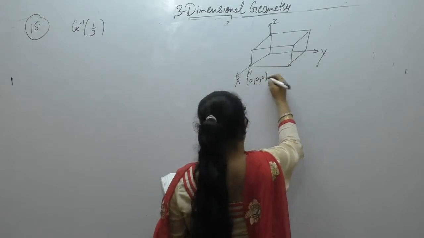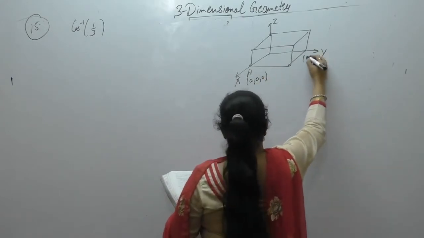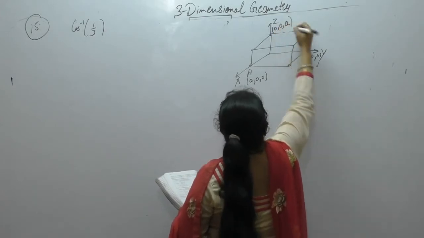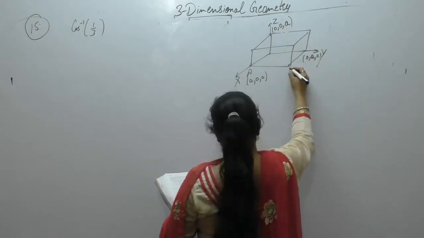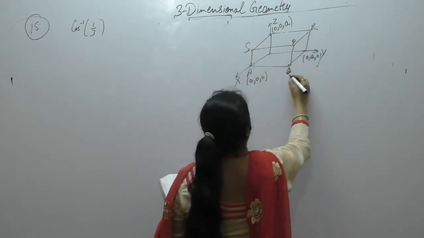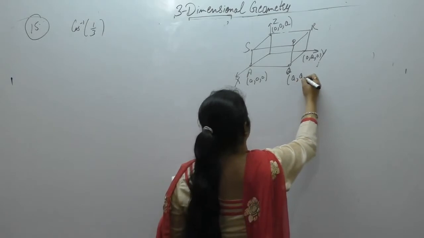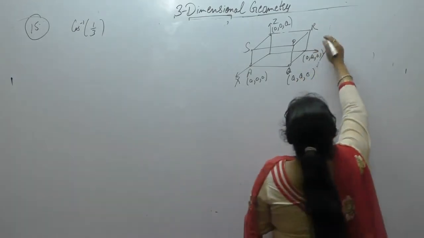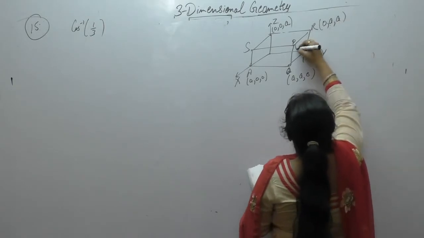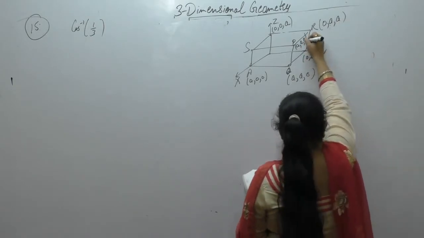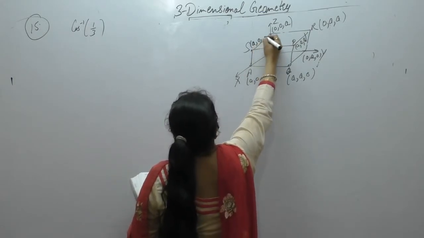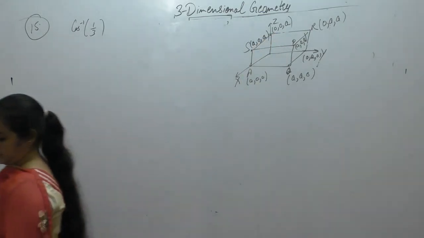The points are (a, 0, 0) on the x-axis, (0, a, 0) on the y-axis, (0, 0, a), and these points are P, Q, R, S. This is along x and y, therefore the coordinates are this. This is along y and z, (0, a, a), P is (a, a, a). This is along x and z, so (a, 0, a).